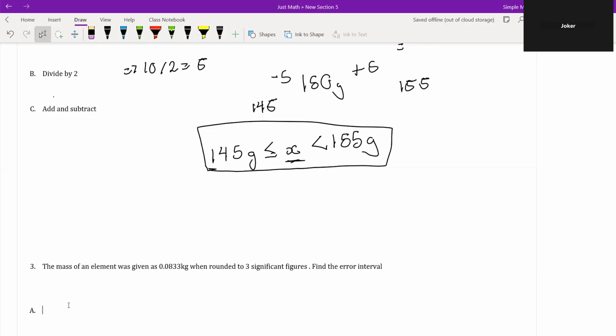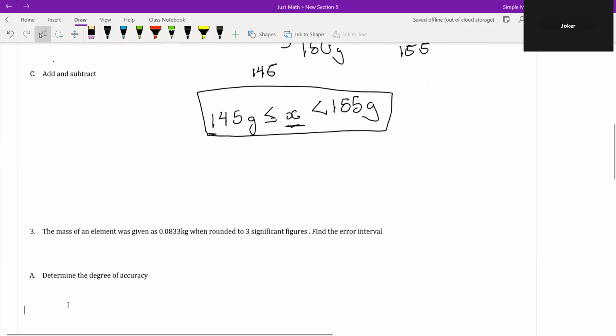Okay, so determine the degree of accuracy. Since it's three significant figures, we go to the third significant figure. What is the third significant figure here? We count from the first significant figure, which is 8. So 1, 2, 3.